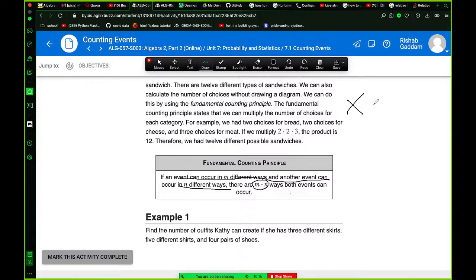So the number of ways of that happening is x times y, x being the first flip, and y being the second flip.